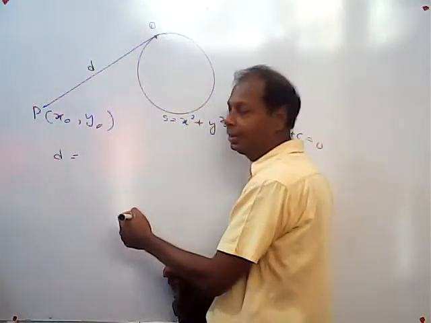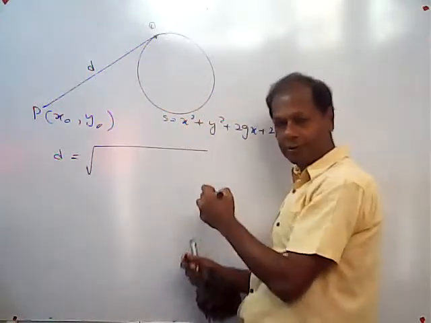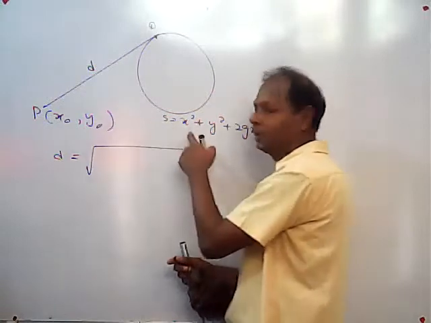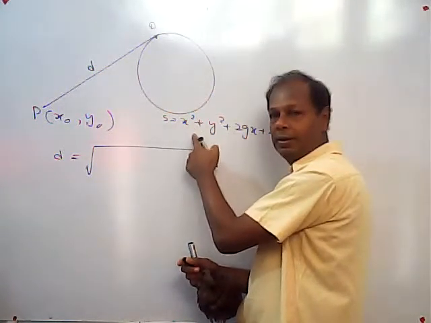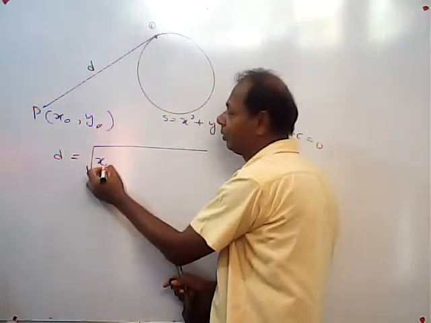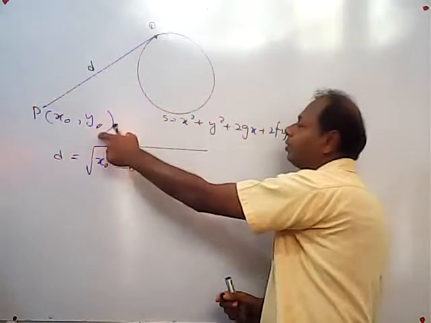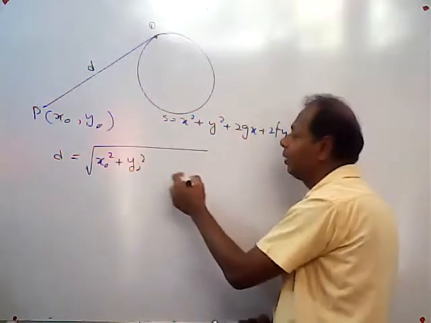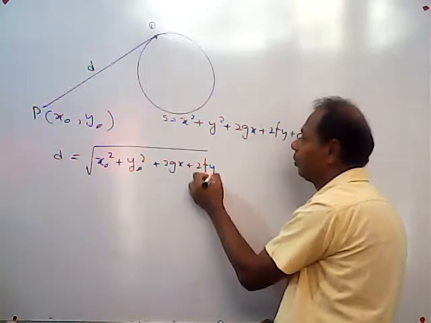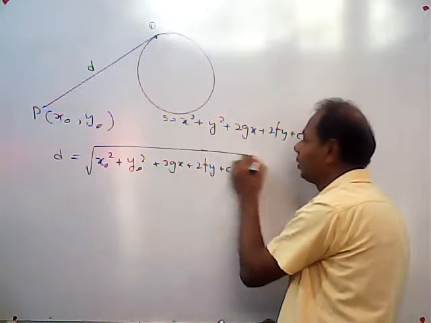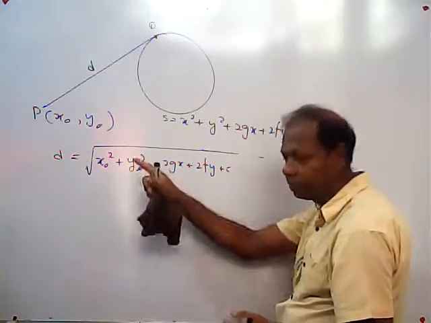The distance D, say PQ, we said it's given by the root of, and it's easy to remember, you just substitute this point in the circle. So that will give x naught squared plus y naught squared plus 2d x naught plus 2f y naught plus c, and you take the square root of that.